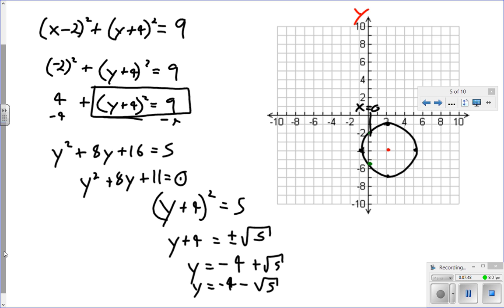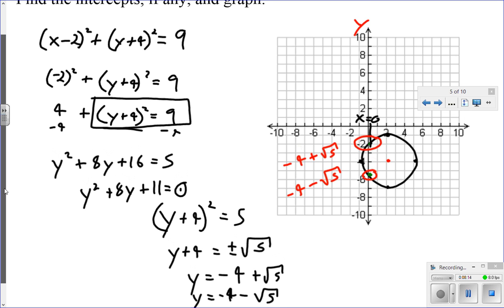Well, if I look here at my circle, if I have a negative number added to a positive number, this here is going to be my negative 4 plus the square root of 5. And this answer is going to be negative 4 minus the square root of 5. And there are my 2 solutions for the intercepts to that equation.